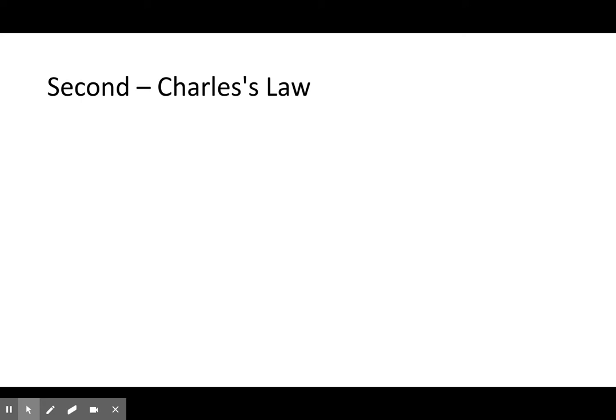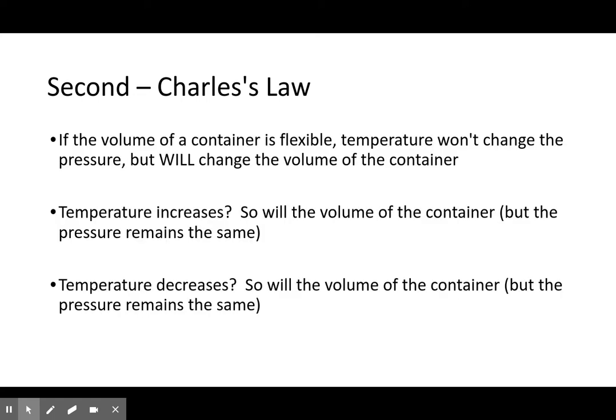All right. The second law that you are going to have is going to be about Charles's law. This was a scientist whose last name was Charles, and he figured this out about gases, and so he gets a gas law named after him. For Charles's law, instead of the container being fixed, we are now going to have a flexible container.